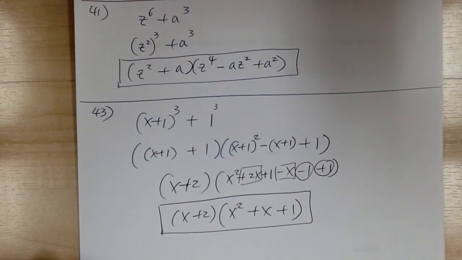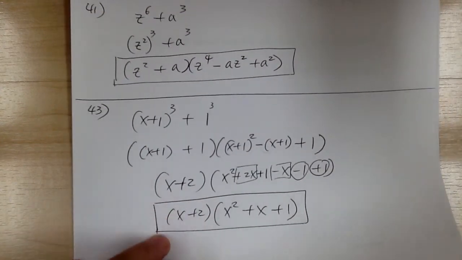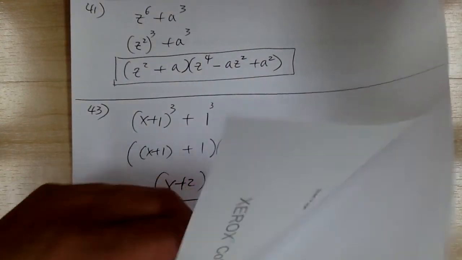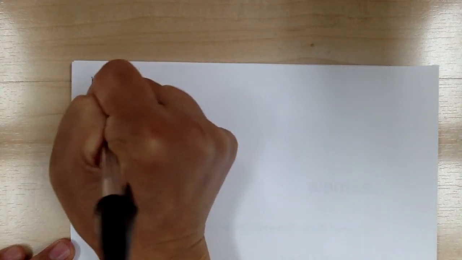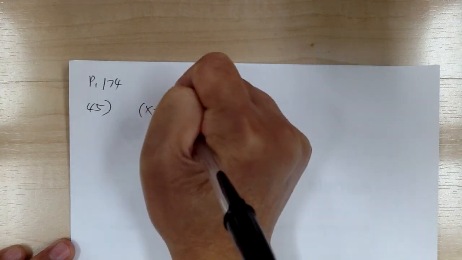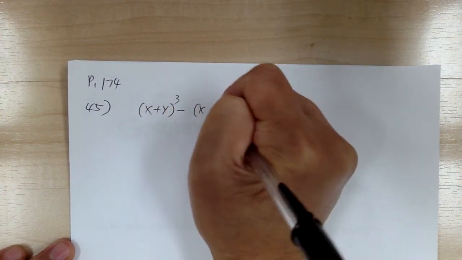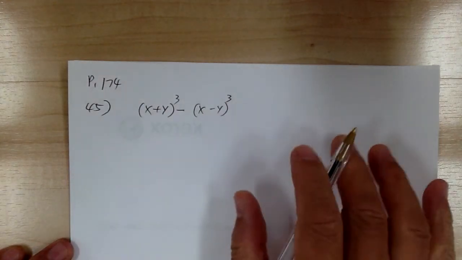Okay, let's go to 45. You have x plus y cubed minus x minus y cubed. For step 1, there's no common factor.